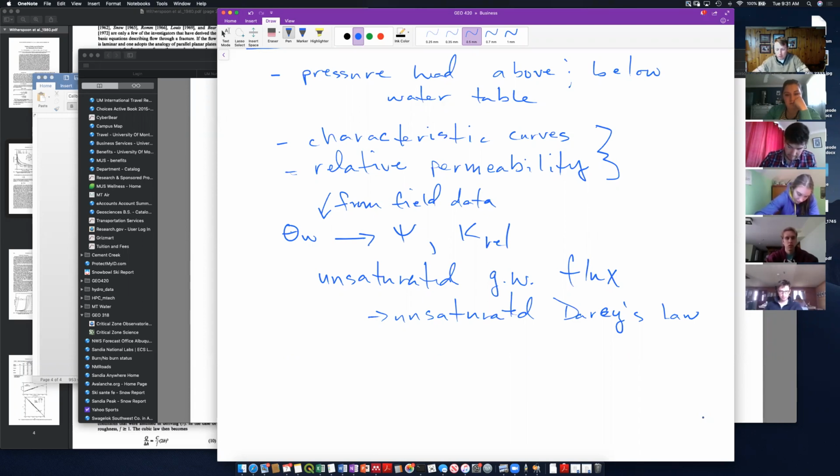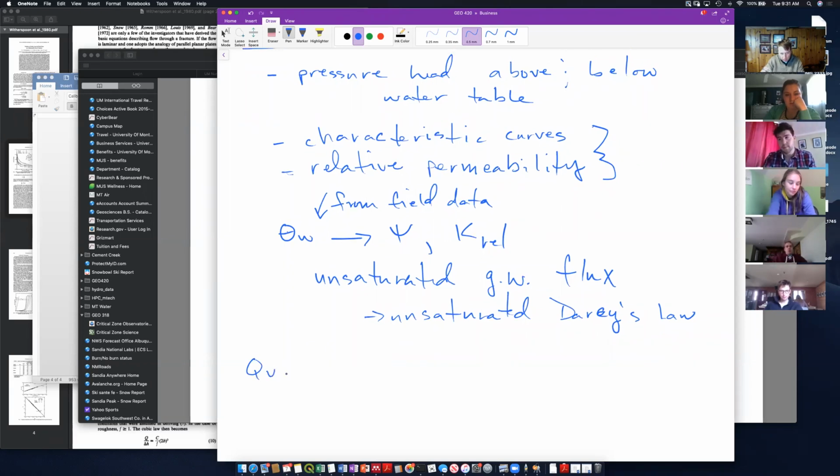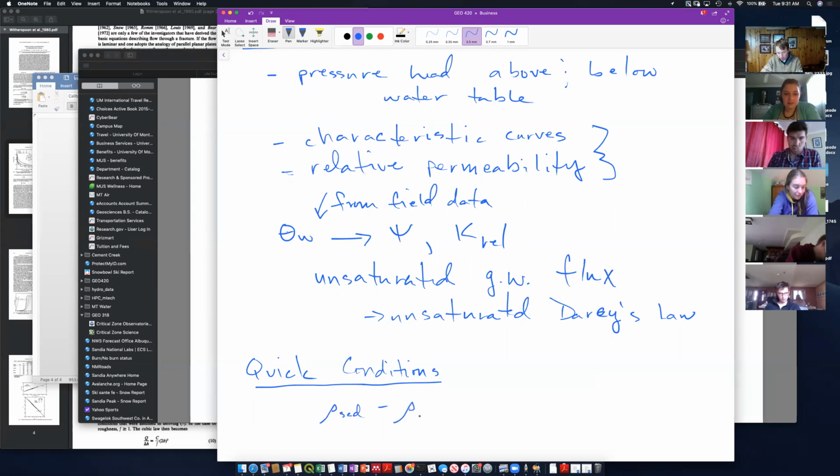If we do a bunch of force balances, then we can come up with this relationship: rho sed minus the freshwater water density, over rho water, is equal to the critical hydraulic gradient, delta H over delta L. This is actually delta Z critical.